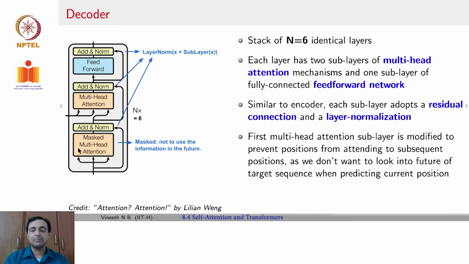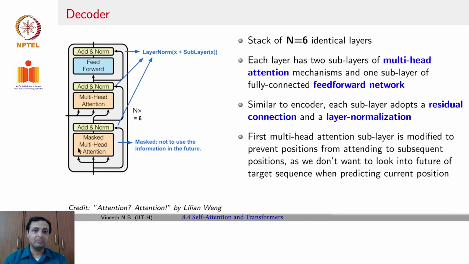This initial step also performs what is known as masked multi-head attention. The goal here is to not let the architecture see further words in the output sequence when it's processing one specific word.